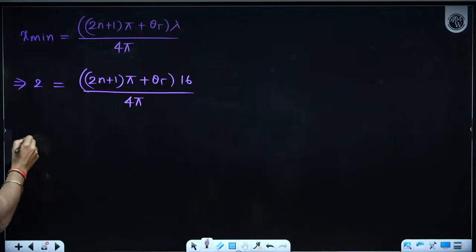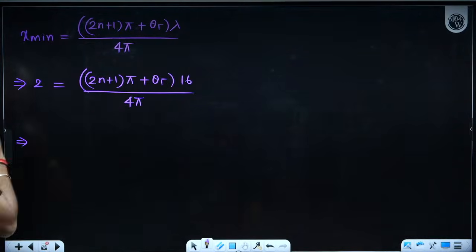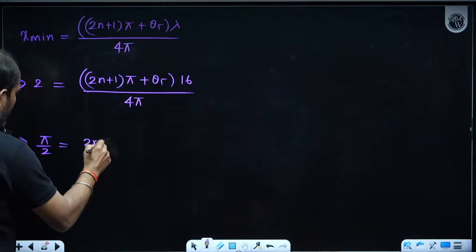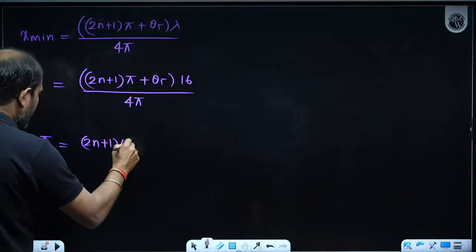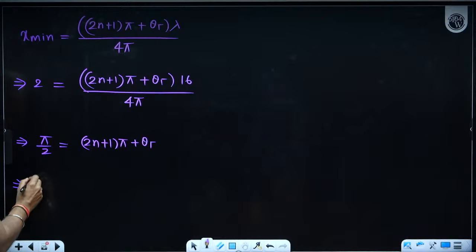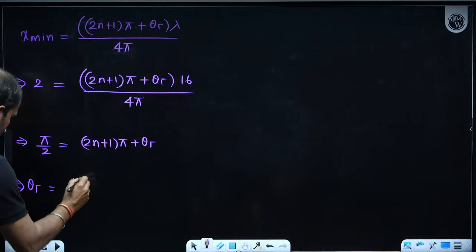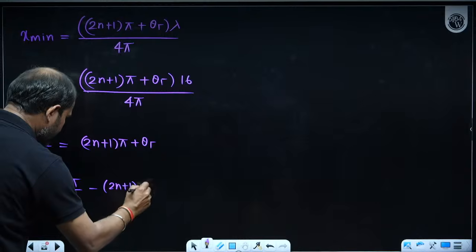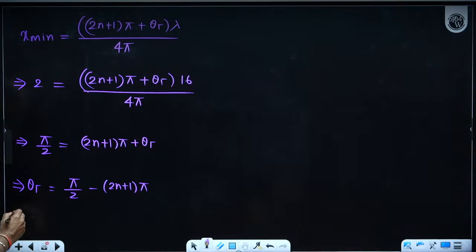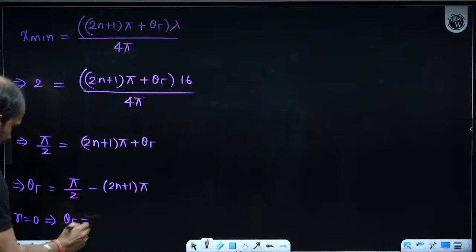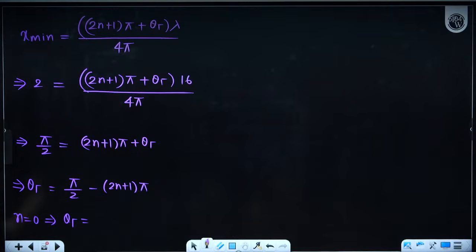So pi by 2. So theta gamma is equal to pi by 2 minus (2n plus 1) pi. With n equal to 0, what will you get? Minus pi by 2.